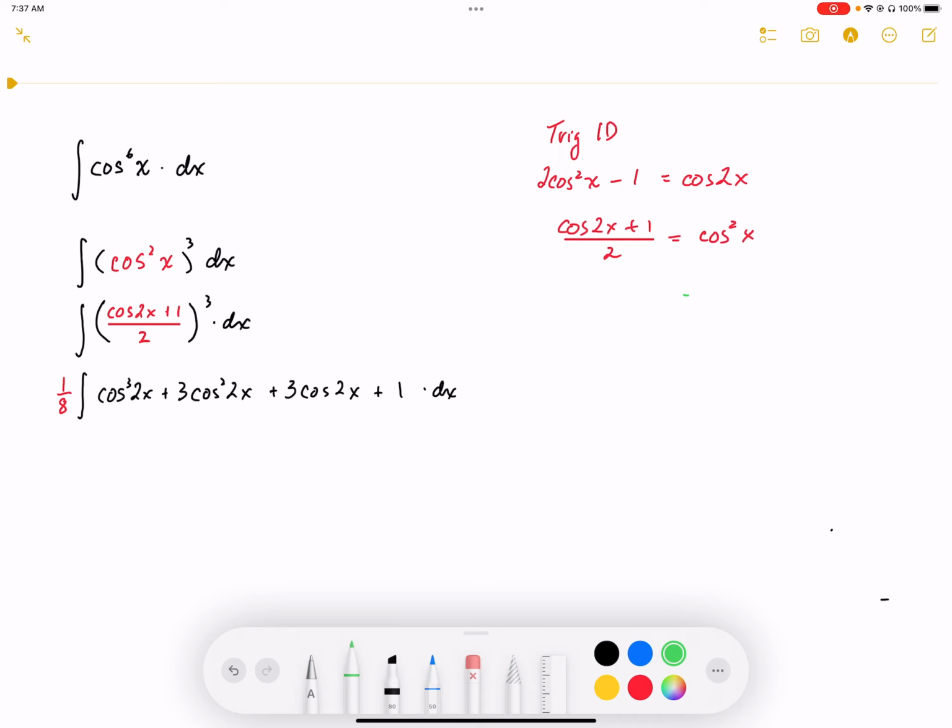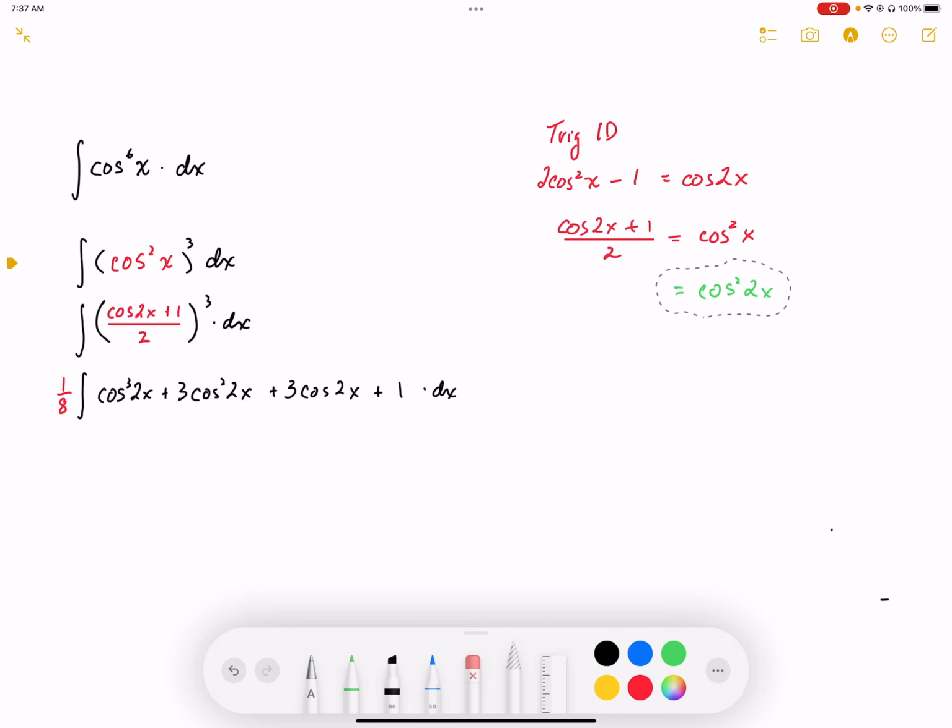Instead of dealing with the cos squared x, we're now going to make the identity for cos squared 2x. And the cos squared 2x, we can just replace with this cosine expression. Let me just move this down a little bit.